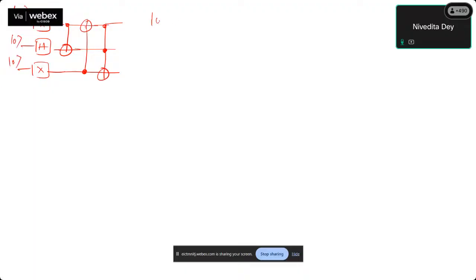So we have started with 0, product 0. This is how you can validate any of the output that you are getting in quantum. First you have to apply a NOT gate on the first and third qubit, and on the second you have to apply a Hadamard gate.